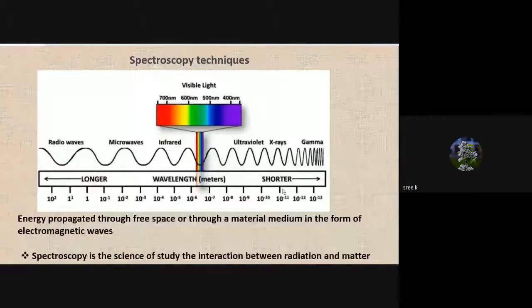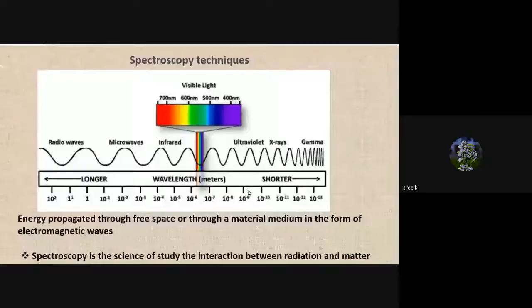So next is the spectroscopic techniques, where you have the famous electromagnetic spectrum diagram. Electromagnetic waves are distributed with respect to wavelength. Spectroscopy is the study of the interaction between radiation and matter.